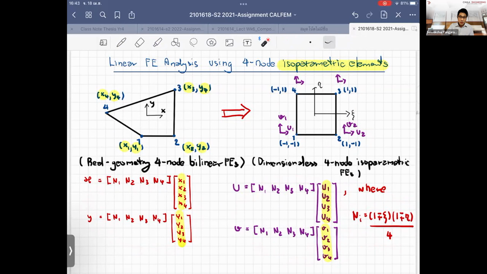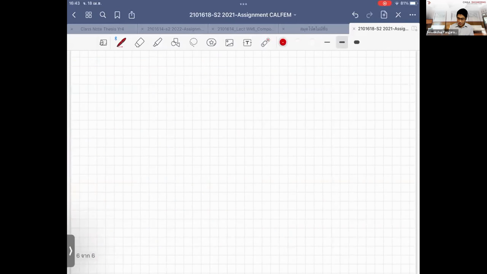The equation that we use, let me see where it is. Okay. For the governing equation that we want to construct, first, you have to construct what is called the stiffness K matrix.